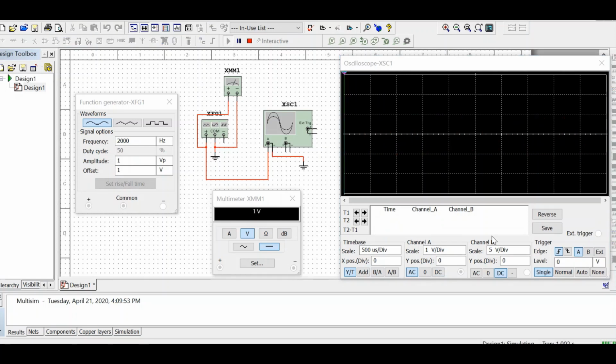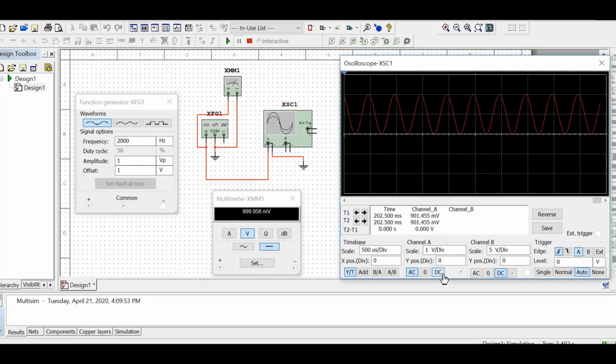Also, if it's on single and DC, then it might not give you the waveform, so it's better to have auto and then stop from here to make sure that you can see the waveform. You can see that there is no DC offset. However, if I keep it at DC, you can see the offset is here, and it's 1 volt. Okay, so I think that's it.